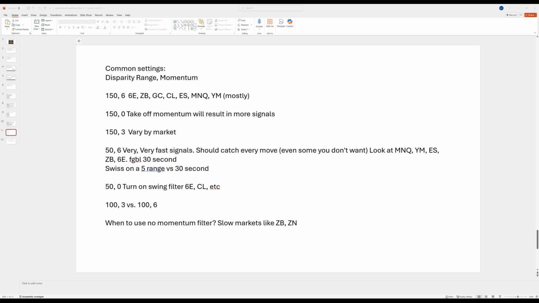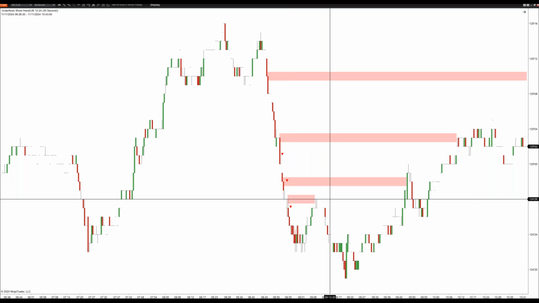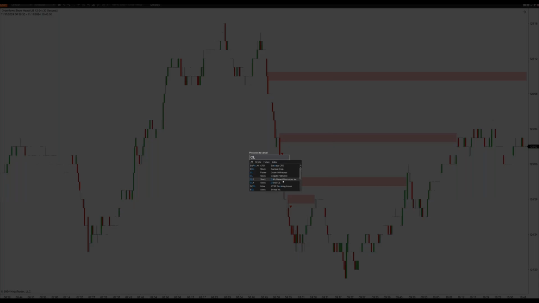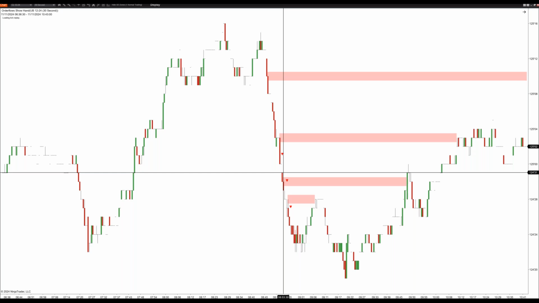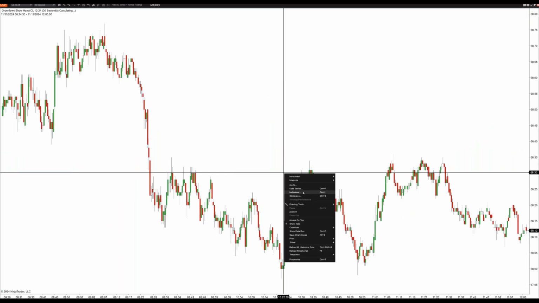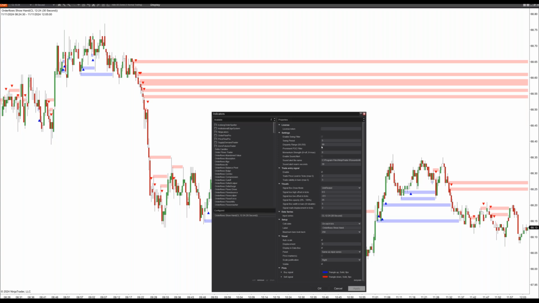Tona says, can you use it with context? Because otherwise it will destroy your head. Well, that's why I like to use the either here. Okay, let's just go back to crude. So for example, I'm going to turn on the swing filter, turn off the momentum strength, disparity range.